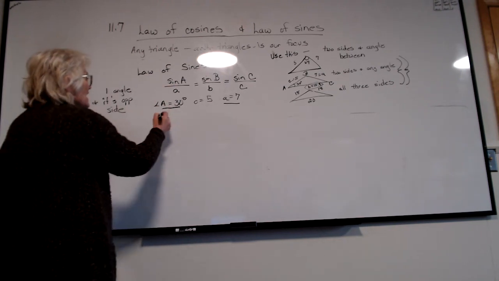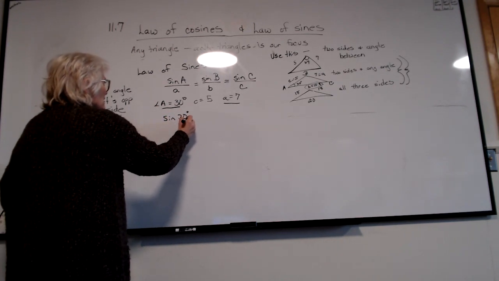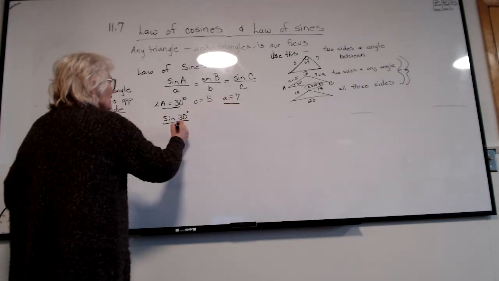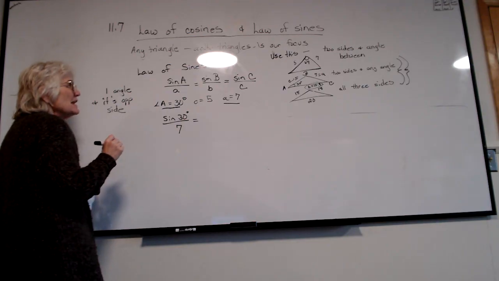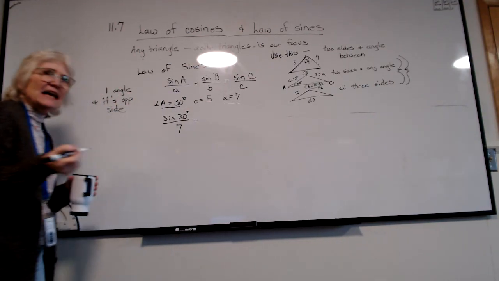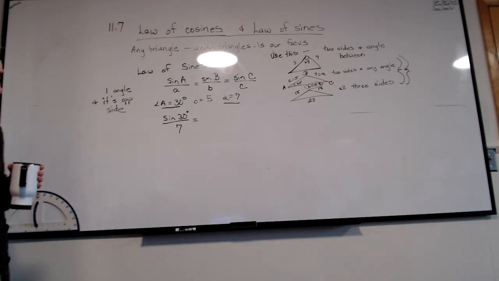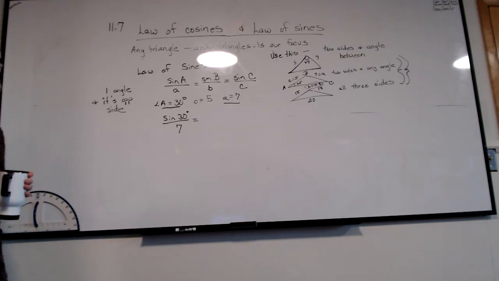So I'm gonna do sine of 30 over its side 7 will equal, and right now we can find the angle. We don't really know much about B yet. So let's find out what C is first so we can find angle B, okay?